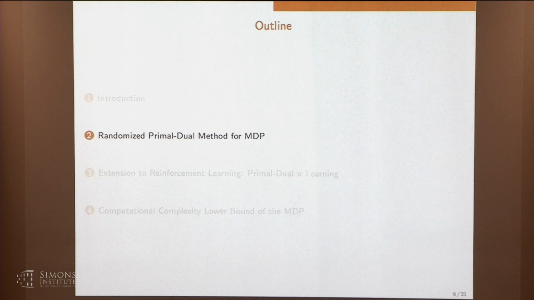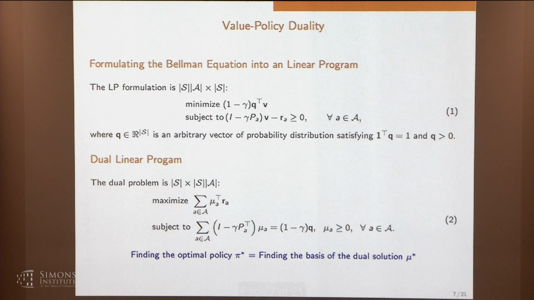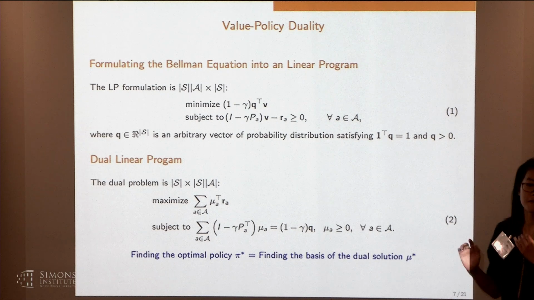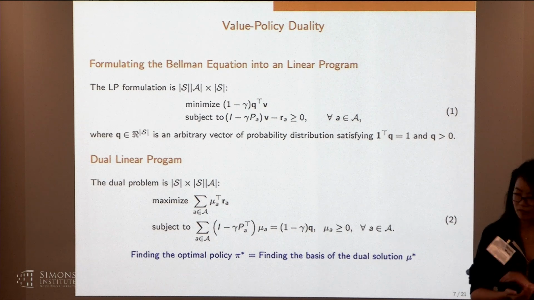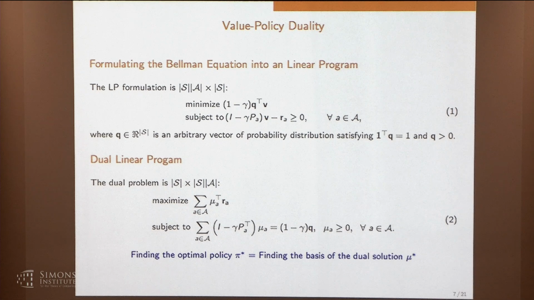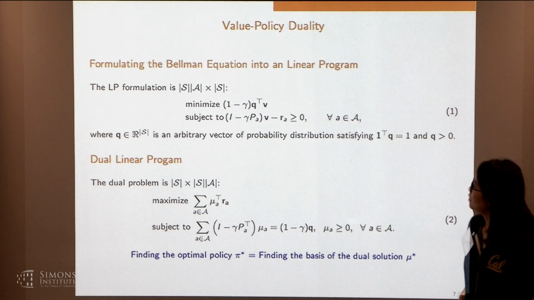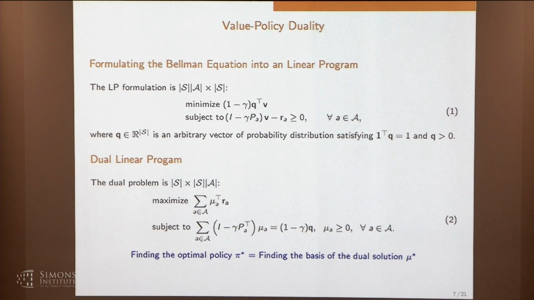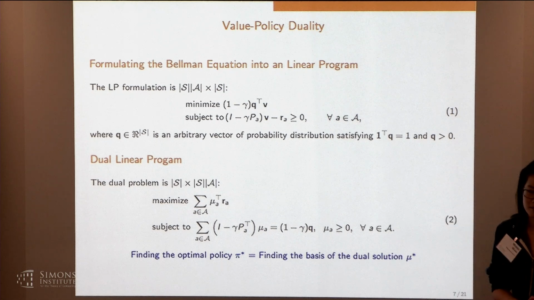Now let's look at the linear program formulations of the Bellman equation. If we take a closer look into the literature about MDP and Bellman equations, we quickly realize that they are basically linear programs.